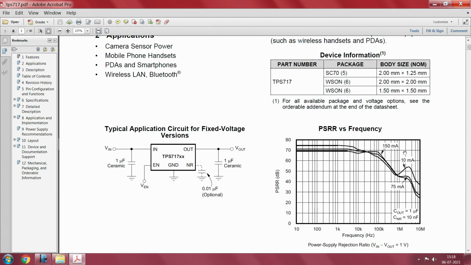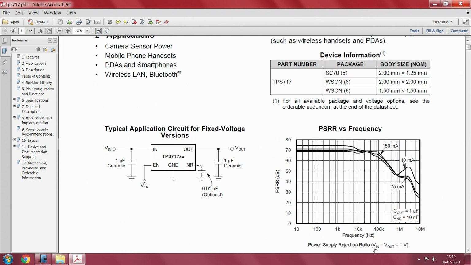So if you trace this path you will see that this is for the lowest current, and we realize that as the current increases the PSRR starts to dip, also it changes with the frequency, that is what this result is telling you.